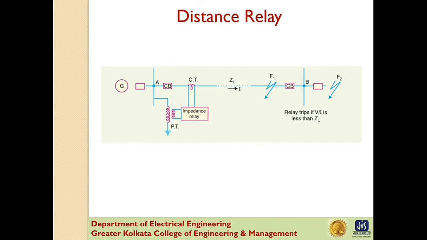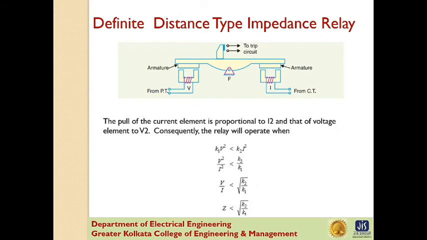There are two types of impedance relay: definite distance relay and time distance relay. First is the definite distance type impedance relay. Now a definite distance relay operates instantaneously for faults up to a predetermined distance from the relay.